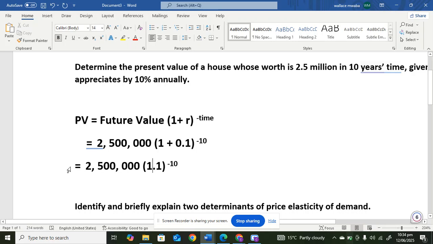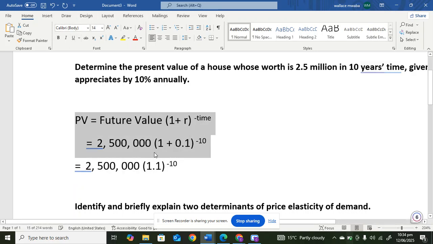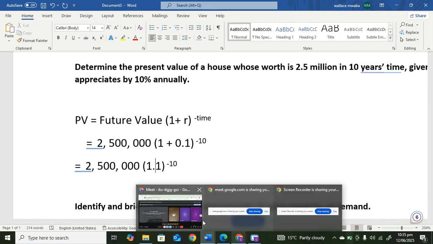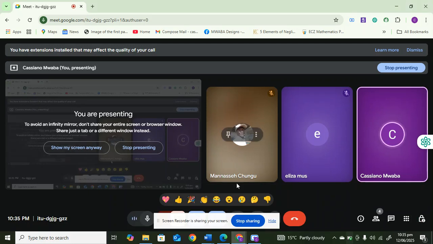Let's get our calculators because remember, this course is calculation intensive. So we need to be pressing those calculators. What is 1.1 to the power negative 10? I believe everyone came with a calculator. Madam Eliza, did you come with a calculator?